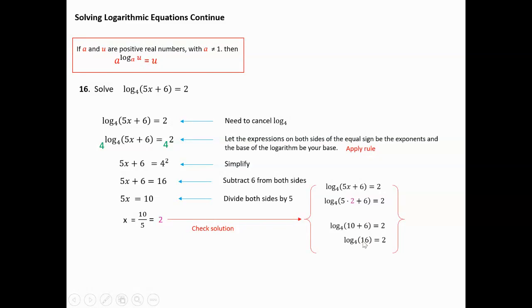Or you can change the 16 to 4 squared. Then by rule, the exponent goes to the front, which will be 2, and log of base 4 of 4 is equal to 1. So in other words, you can use the change of base to plug in the calculator or do it by hand, but the result equals 2, which means that 2 is the correct answer.